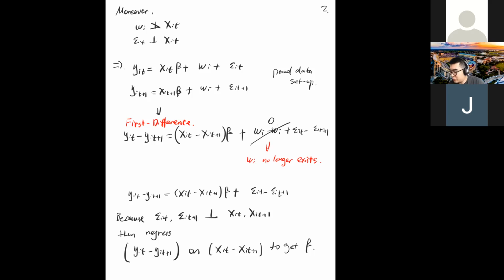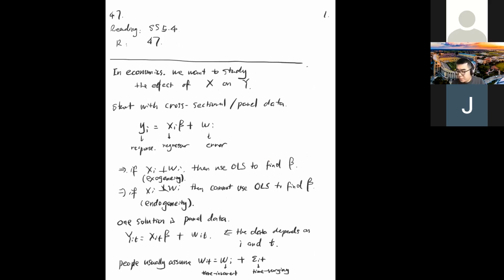Let me go over this again. The problem with this regression model is that the error term is not independent of the regressor. If so, we cannot run an OLS regression to find beta. This is what people usually call the endogeneity problem. To address it, we assume that we can observe at least 2 periods of data, and that the error term consists of a time invariant part and a time varying part.